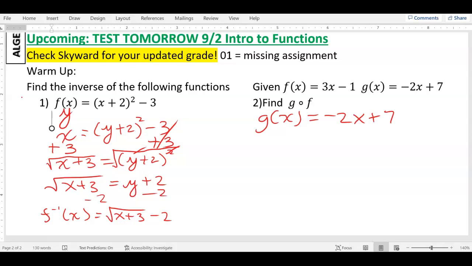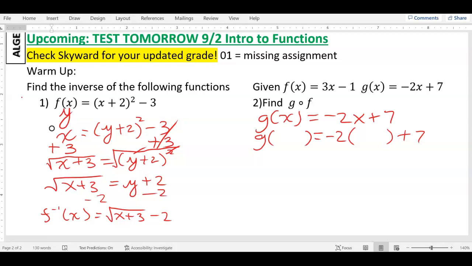So I'm going to put some parentheses with a space instead of an x. So G of space equals negative 2, parentheses, big old space again, instead of x, plus 7. I write the first function. I remove x and leave a space there.